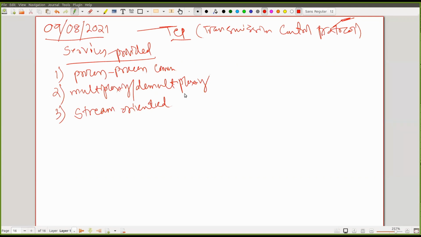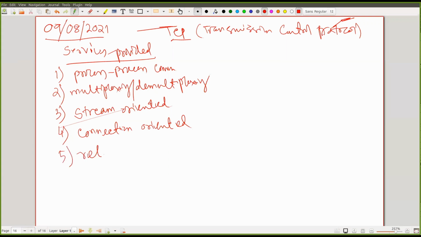Then coming ahead, TCP is connection oriented, UDP is connectionless. So TCP provides a connection oriented service.